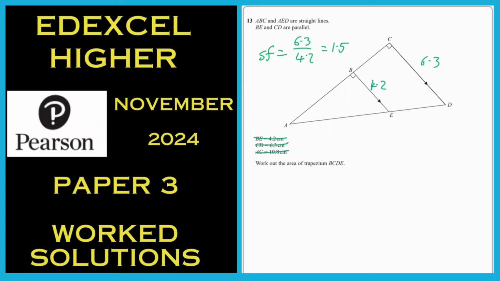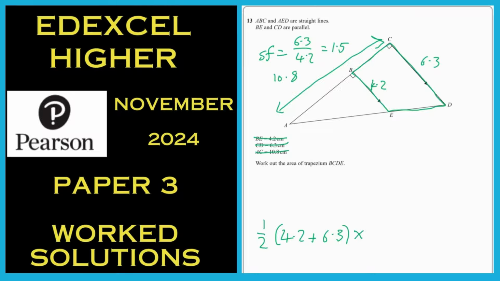AC is 10.8. That entire line is 10.8. Work out the area of the trapezium BCDE. Well, this is a trapezium. If you want to work out the area of a trapezium, you add together the parallel sides and halve them.